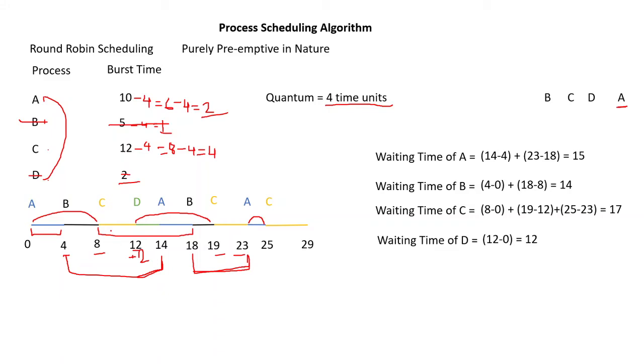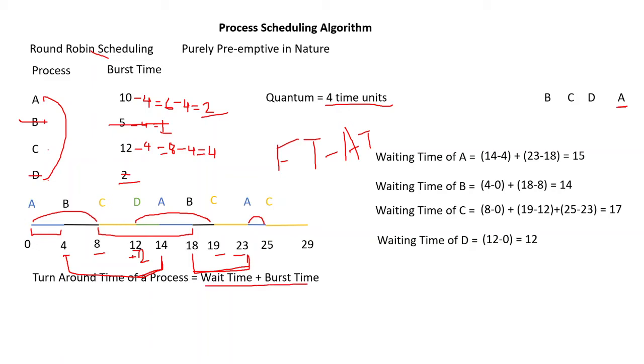Now let's learn a new formula. So far we have known that the turnaround time of a process is equal to the finish time minus the arrival time. Now, turnaround time of a process is also equal to wait time plus burst time.